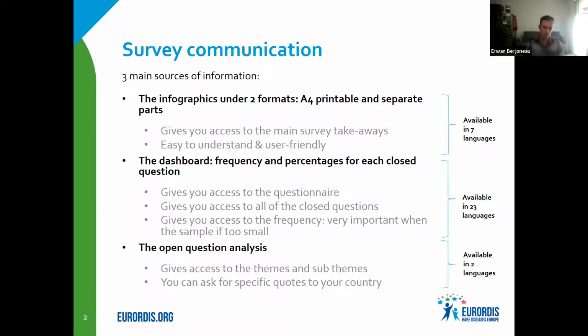As a reminder, an open question is like a text box where people can write down in their own words the reality that they're facing. We've identified themes or categories and sub-themes or subcategories in those testimonies, and you can have access to that for your country. We'll also see that there is a possible access to specific quotes. This is available in 2 languages, English and French.